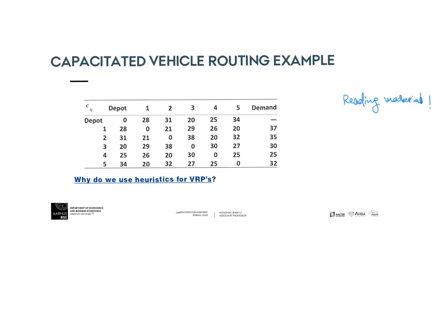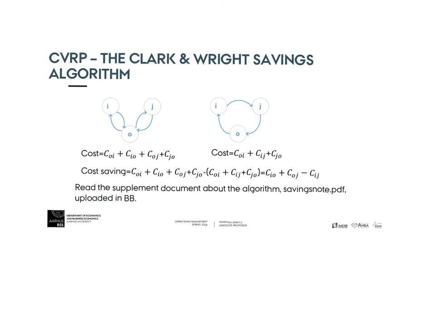I also do the Excel workbook screencast to show how this method works. The method to solve the capacitated vehicle routing problem is actually based on the Clarke-Wright savings algorithm.